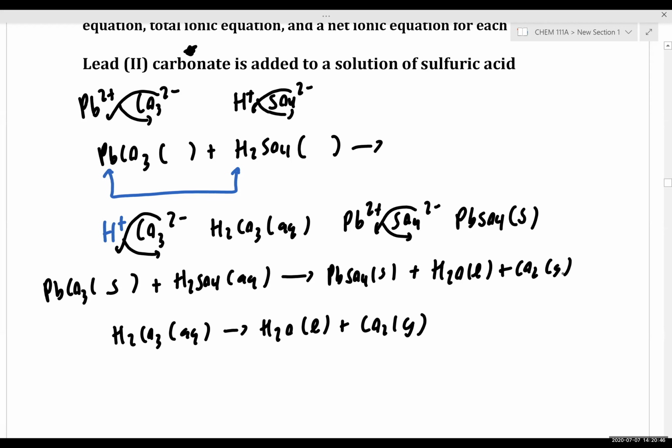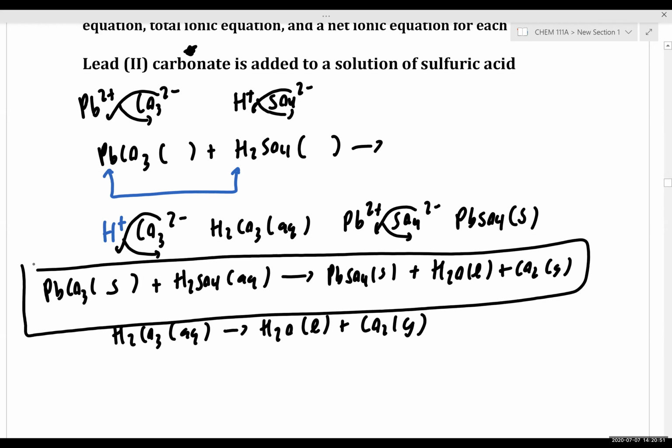Now, before we move on, I'd like you to take a look at this equation and put a little checkbox next to it.